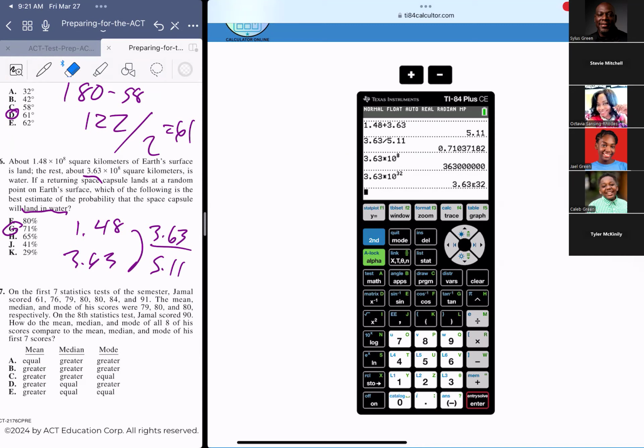And that's not bad. When you see 3.63 times e to the 32, it just means 3.63 times 10 to the 32nd power, and e is kind of like 10. But that's pointless because it's giving you the same answer, so there's no point in really doing that.